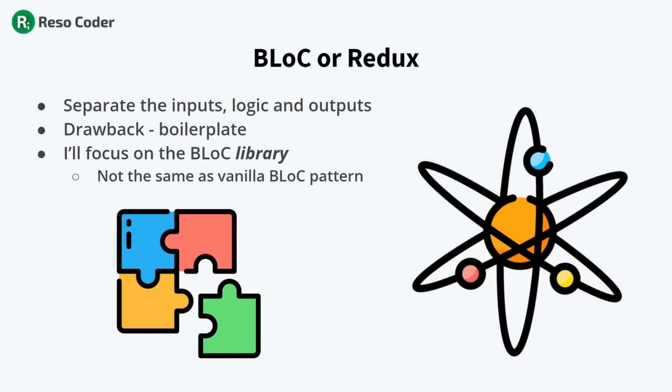You will just need to translate them to your respective immutable state management solution. Also, it would be great if you understood at least the basics of managing state using the Bloc library, and I have a separate tutorial for that, which you can access from the card in the corner.